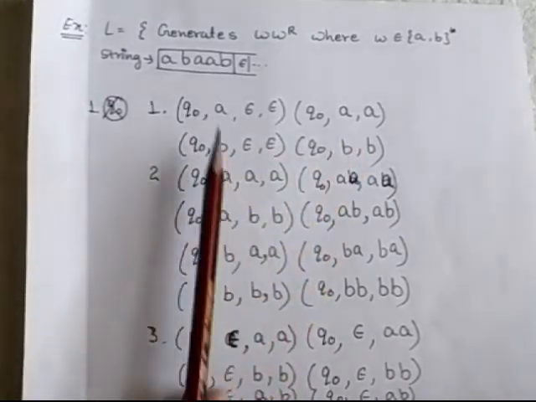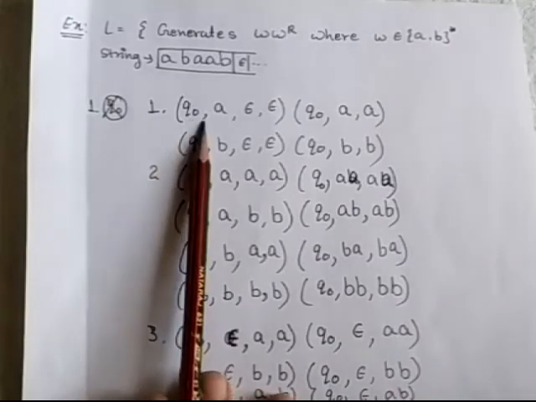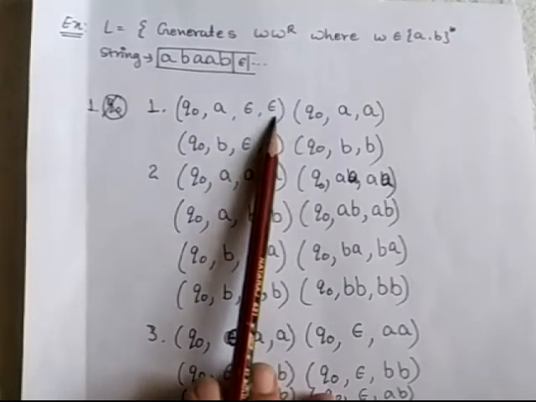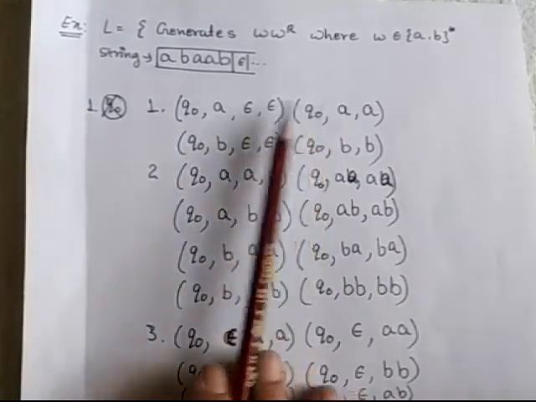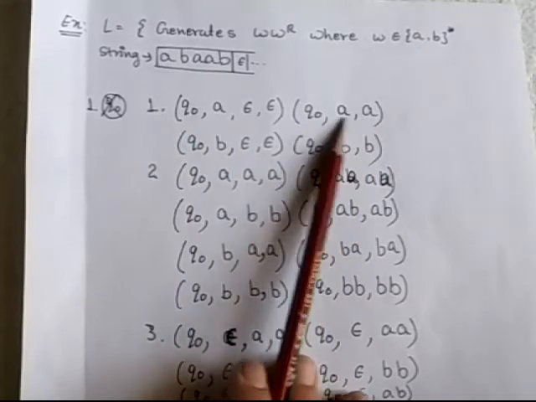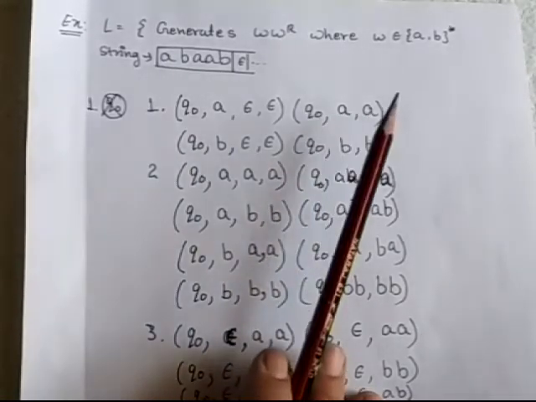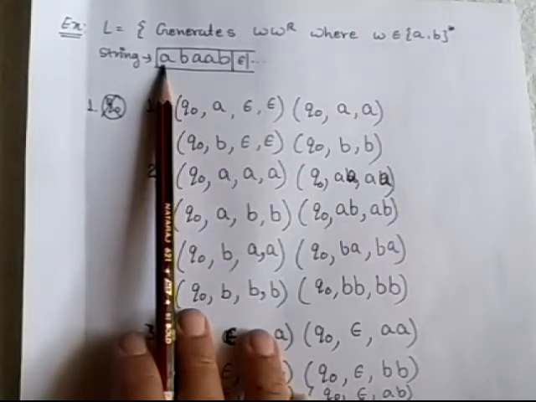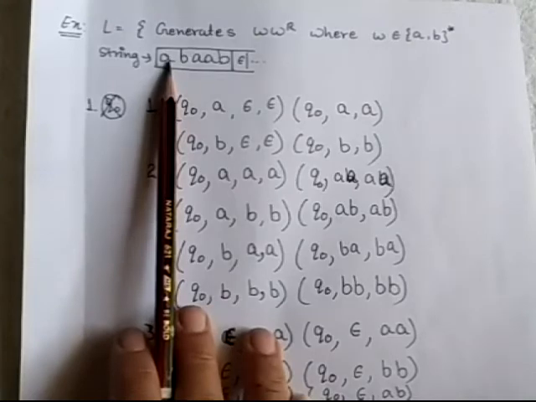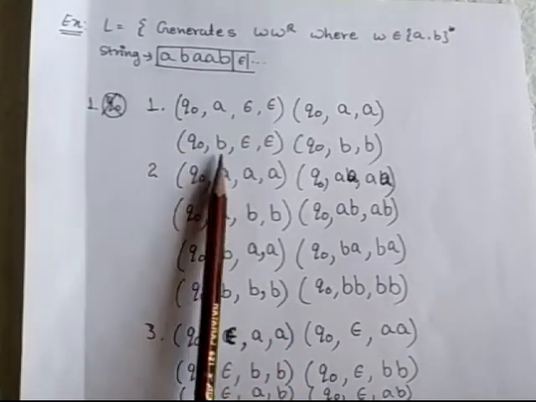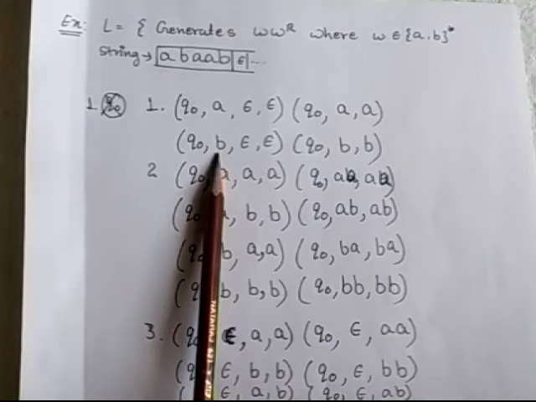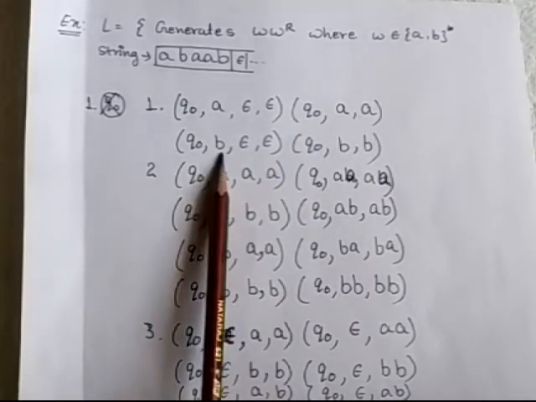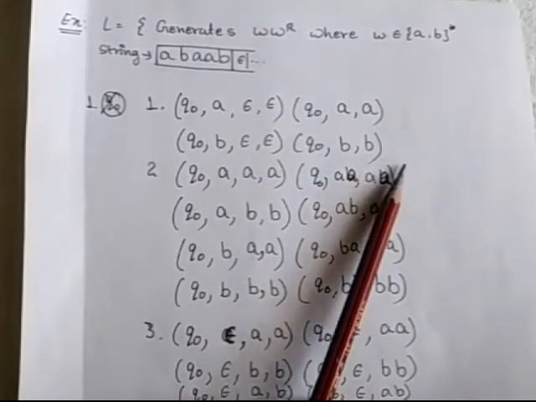Okay, so look at this. We start with Q0. We read symbol A. Initially both these stacks are empty. Then we push this A on both the stacks. Now here the string is starting with symbol A. It may happen that this string starts with symbol B. In that case, if the string starts with symbol B, initially both these stacks are empty, then we push this B onto both of the stacks.